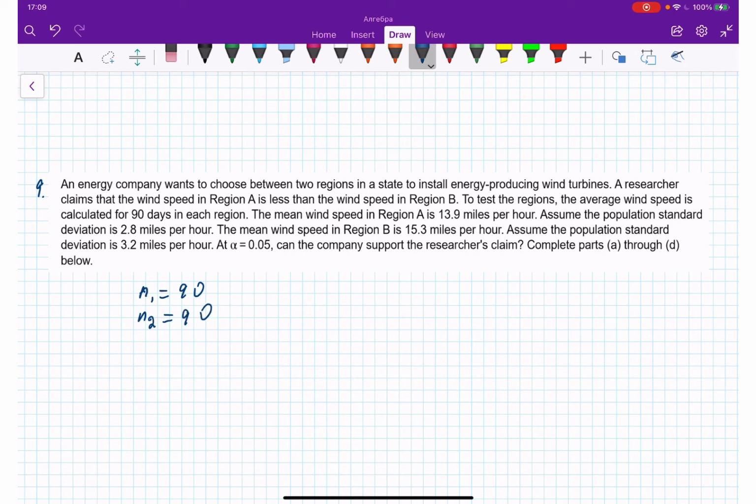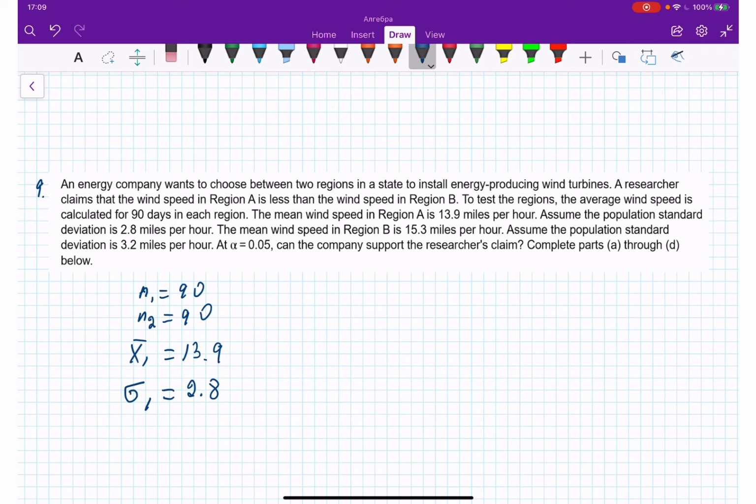The mean wind speed in region A, x1 bar, because we are using a sample, is 13.9 miles per hour. Assume the population standard deviation, sigma 1, is 2.8 miles.